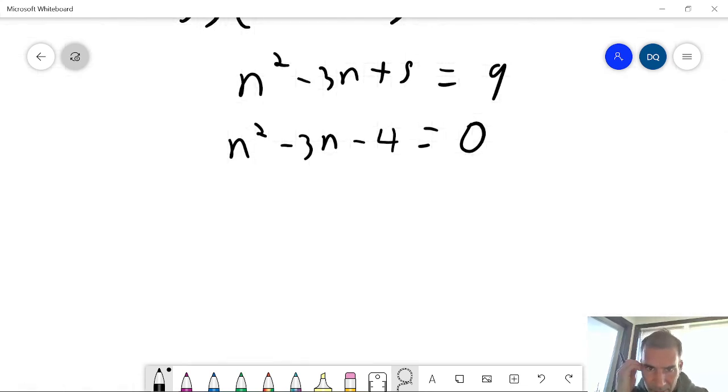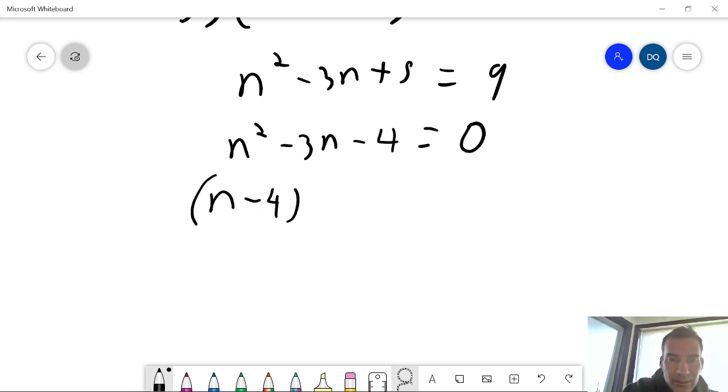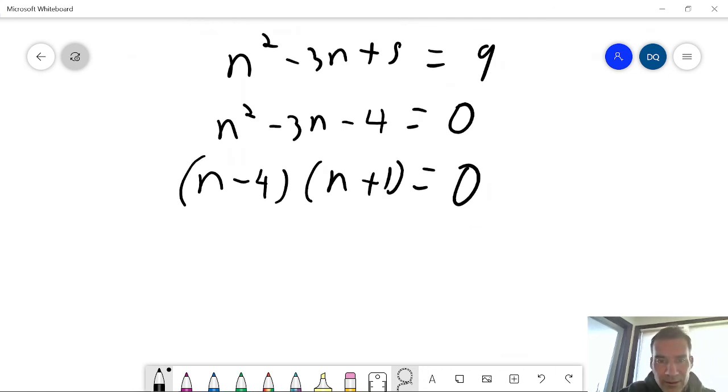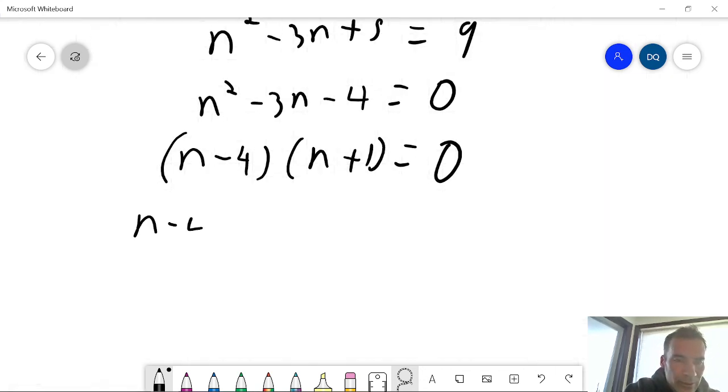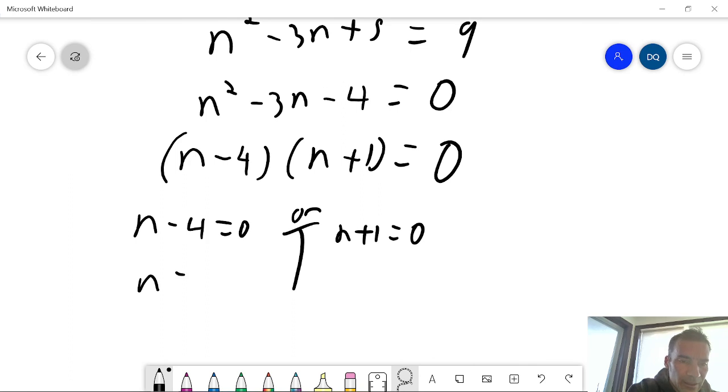So I need two numbers that will add to negative 3 and multiply to negative 4. So those numbers are n minus 4 and n plus 1. So n minus 4 is equal to 0, or n plus 1 is equal to 0. That makes n equal to 4, or n is equal to negative 1.